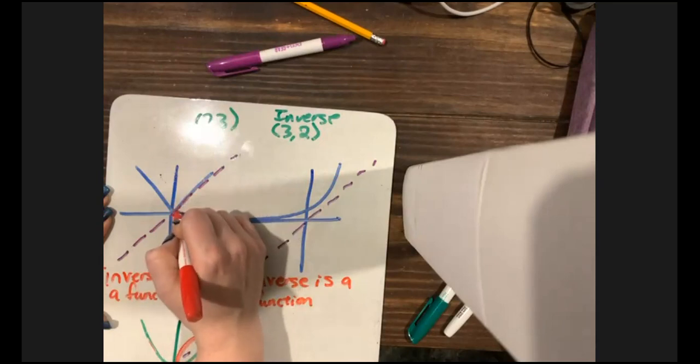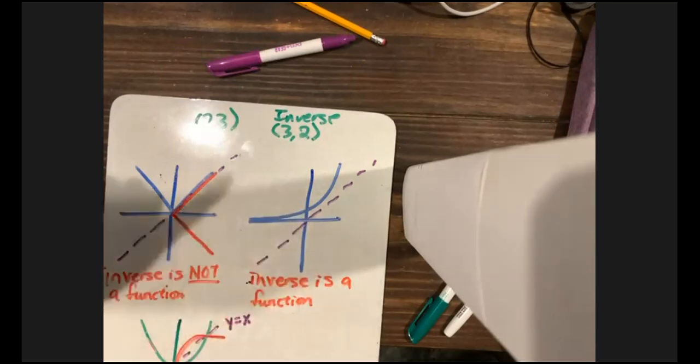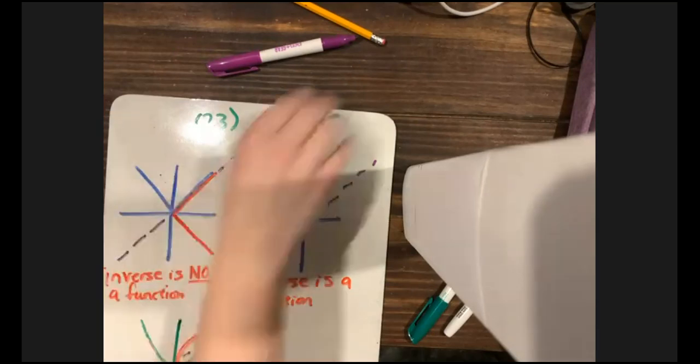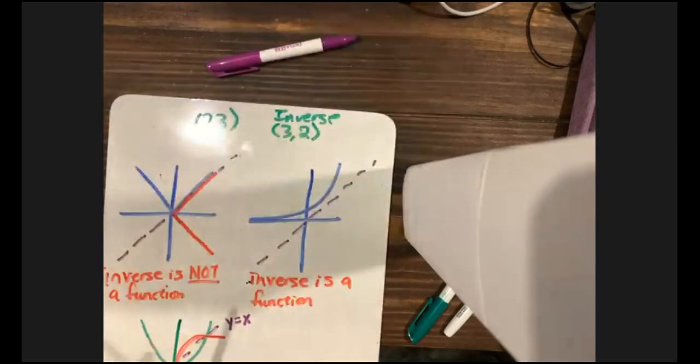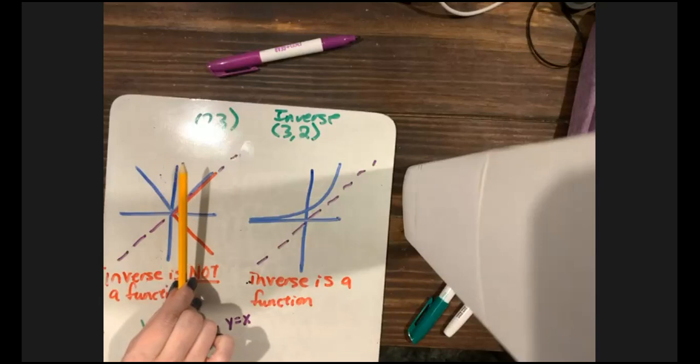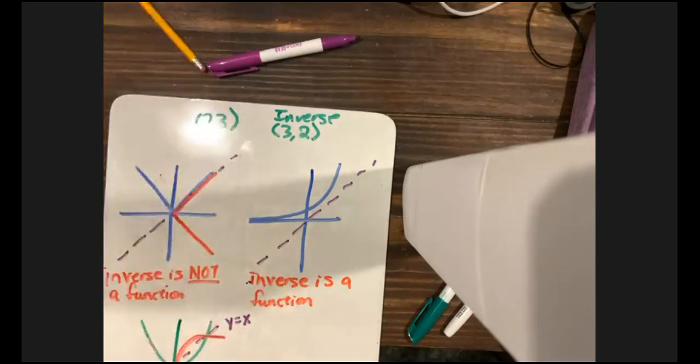This one is on the line. So it's like touching the mirror, okay? So that red is now the inverse. Now, to double check, just so we can verify this, we said the inverse was not a function. That means on my red graph, it's not going to pass a vertical line test. Right there, it hits twice, okay? So that's just kind of proving the point.